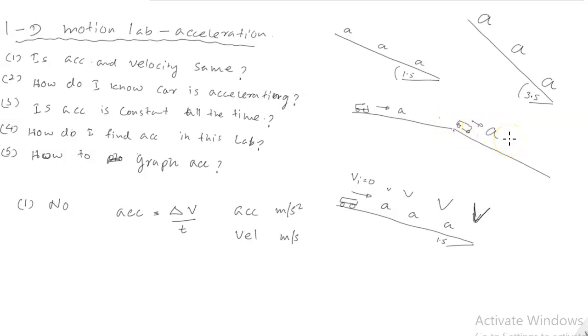If the angle increases, then only acceleration increases. So yes, although the velocity is changing all the time, acceleration remains the same for a given angle. Now let me clear all this and answer the next two questions. How do I find the acceleration and how do I graph it?